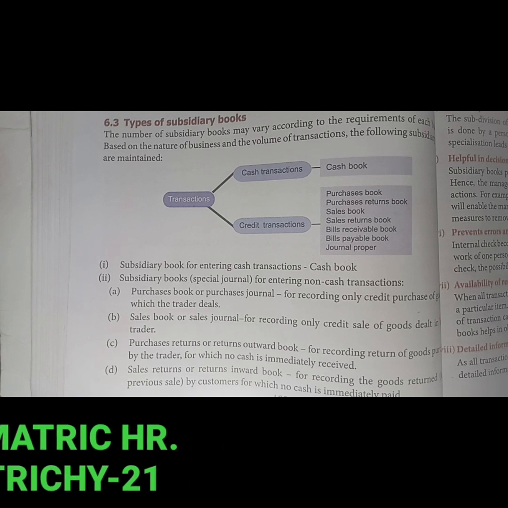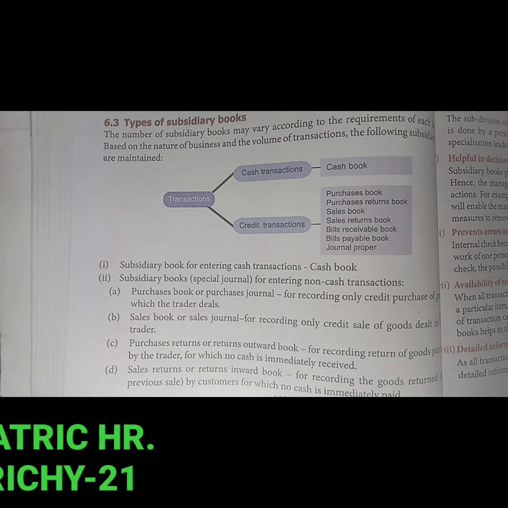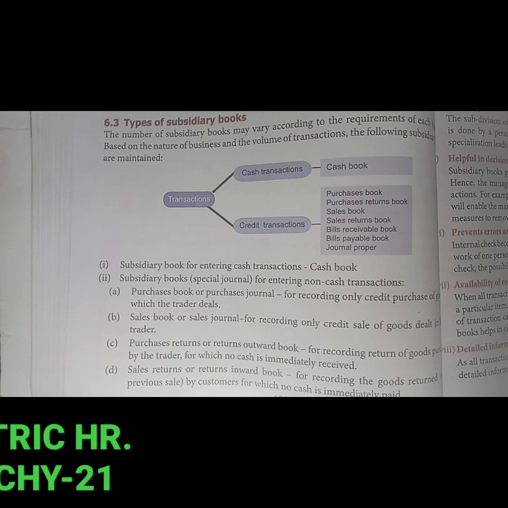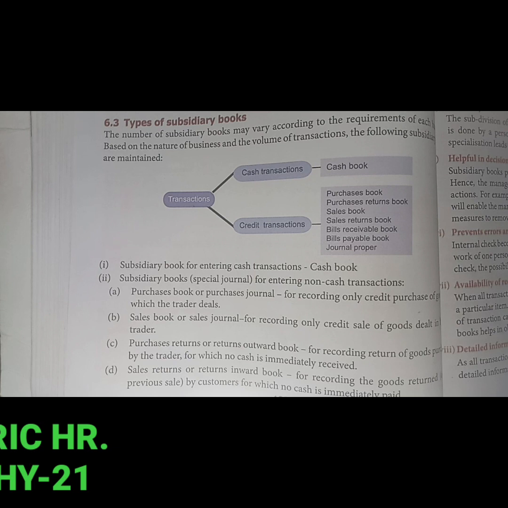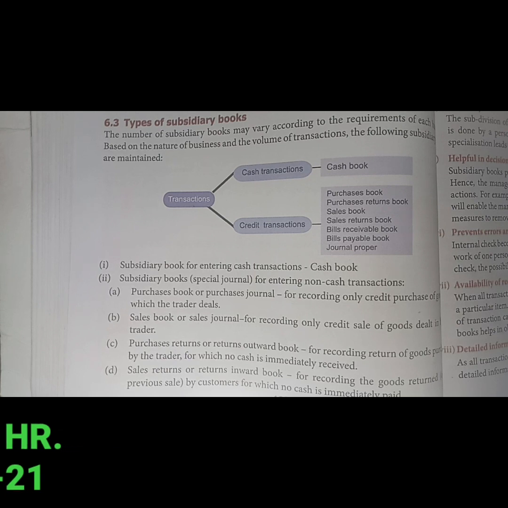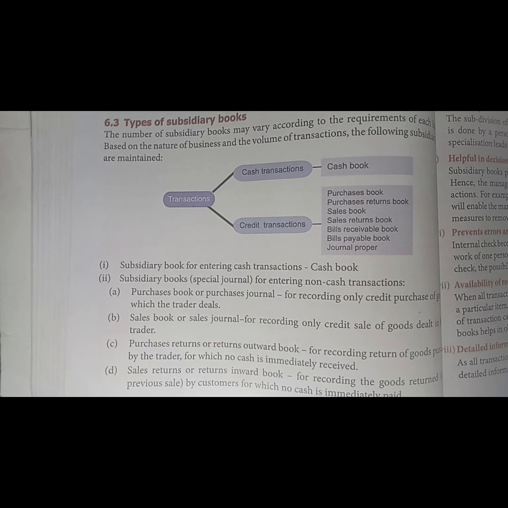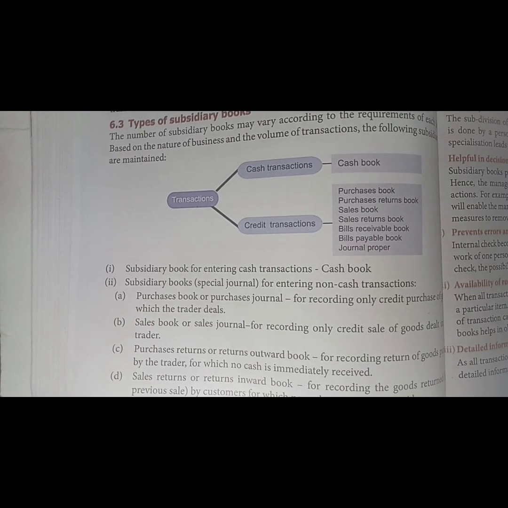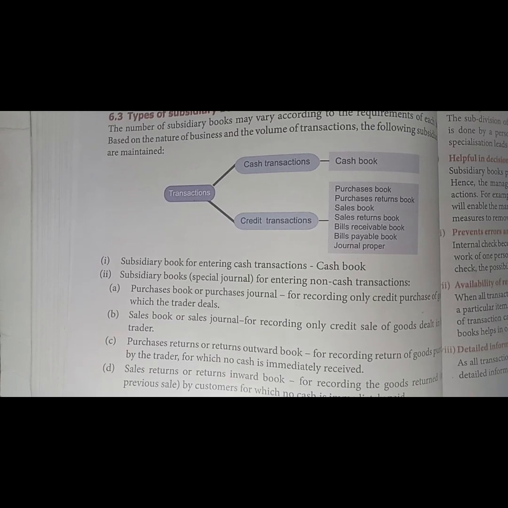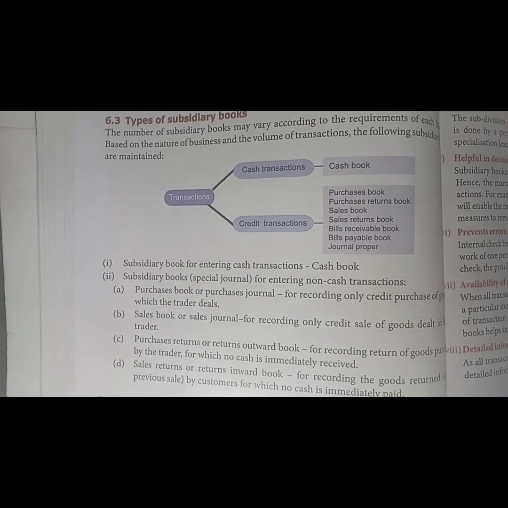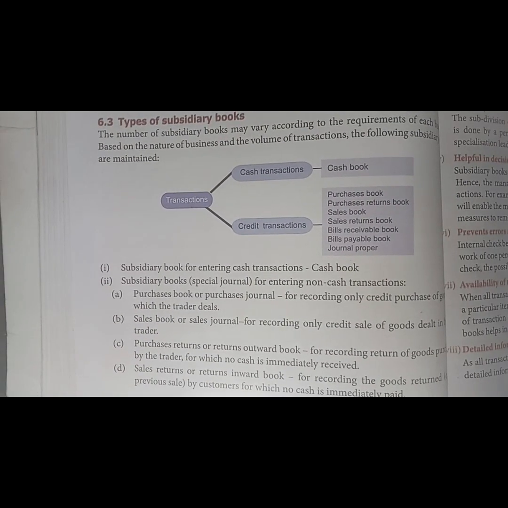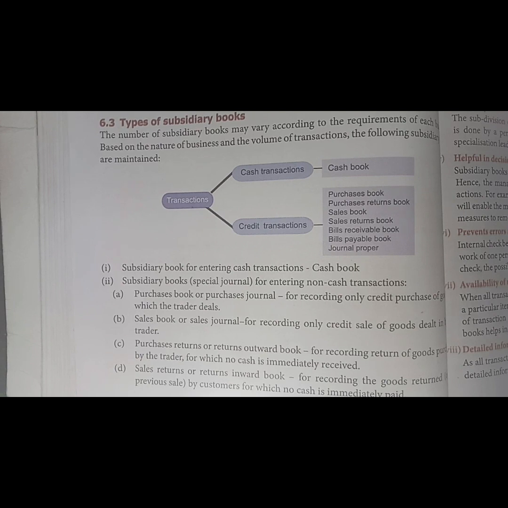The cash book is classified into four categories: single column cash book, double column cash book, triple column cash book and petty cash book. In credit transactions, only credit transactions are recorded. The books prepared for credit transactions are the purchase book, purchase return book, sales return book, bills receivable book, bills payable book and journal proper.